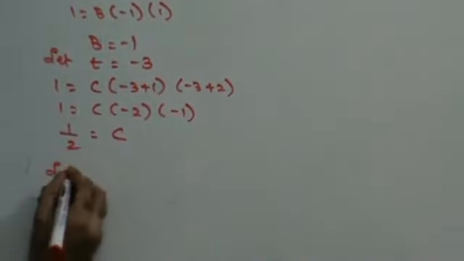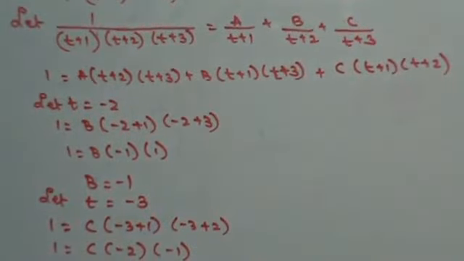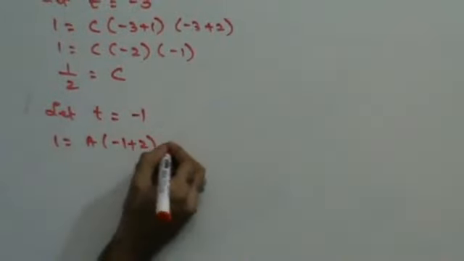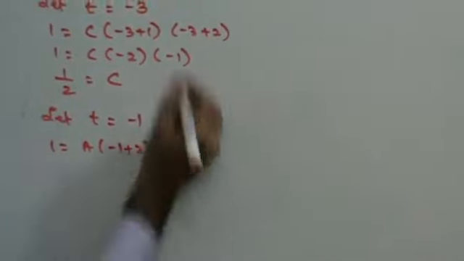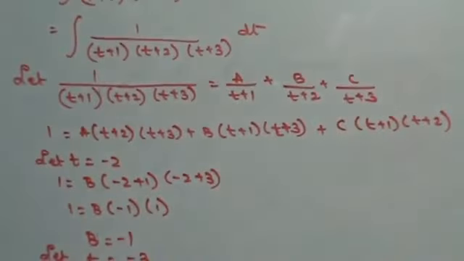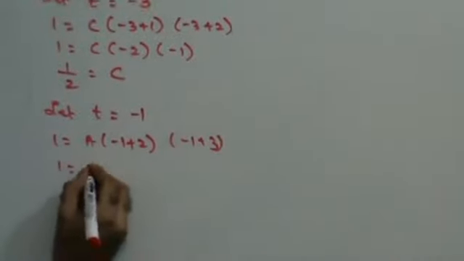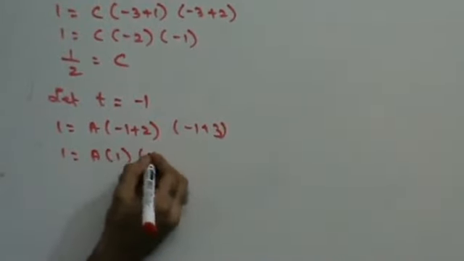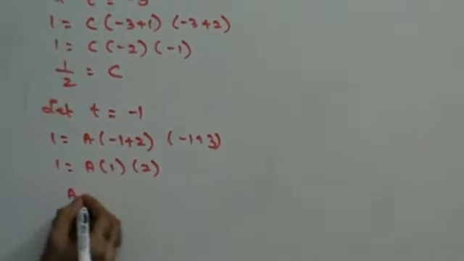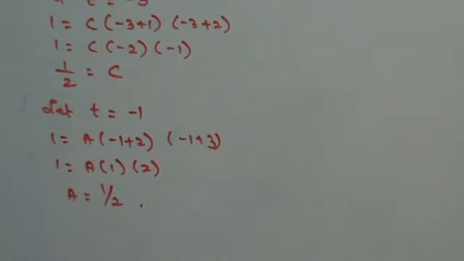Next, let t be equal to minus 1. So 1 is equal to a times (minus 1 plus 2)(minus 1 plus 3), and the t plus 1 terms become 0. So in that case I get 1 is equal to a into 1 into 2. So I will get a is equal to 1 upon 2.